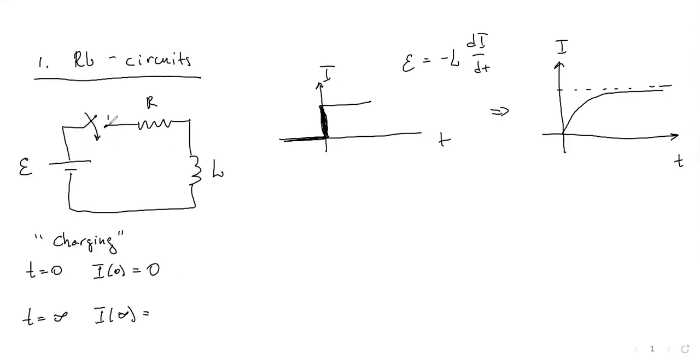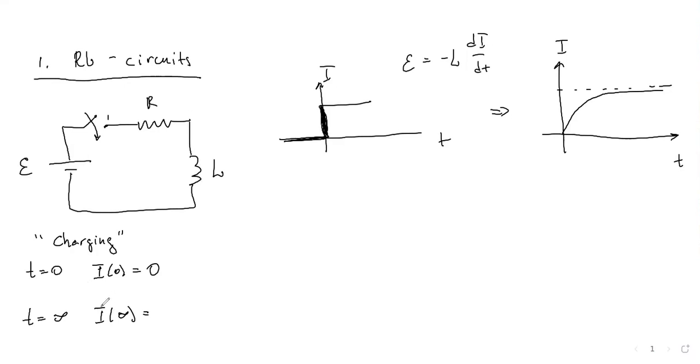When you wait long enough, the current will become a constant current, and for this case, the inductance is just a wire with no resistance. And when current is constant, there is no back EMF in the inductance. So then you can just replace inductance with a piece of wire.